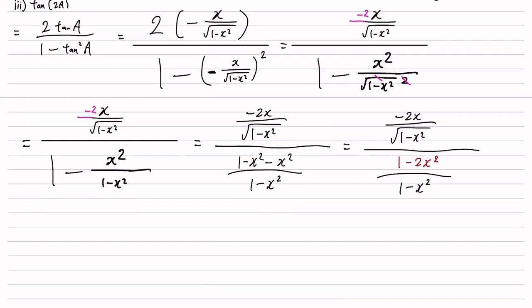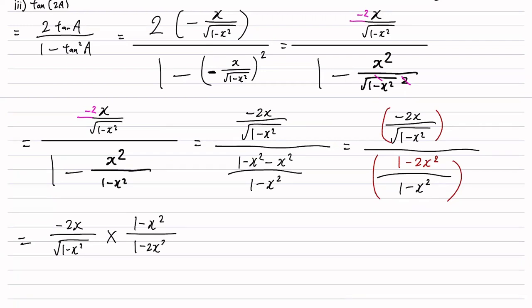Then this is a fraction at the top divided by a fraction at the bottom. If you recall, it's just the numerator divided by the denominator, so you multiply by the reciprocal, right? Keep, change and flip. So it's square root 1 minus x squared on the top and 1 minus 2x squared at the bottom. Is this okay?